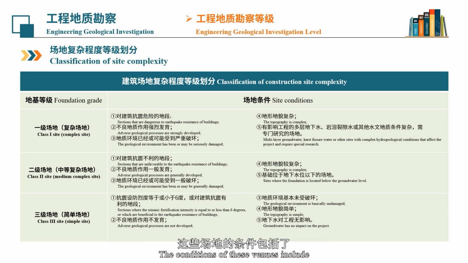The conditions of these sites include whether it is beneficial to earthquake resistance, degree of development of adverse geological processes, conditions of geological environment, complexity of topography, the degree of groundwater impact on the project, and other factors.